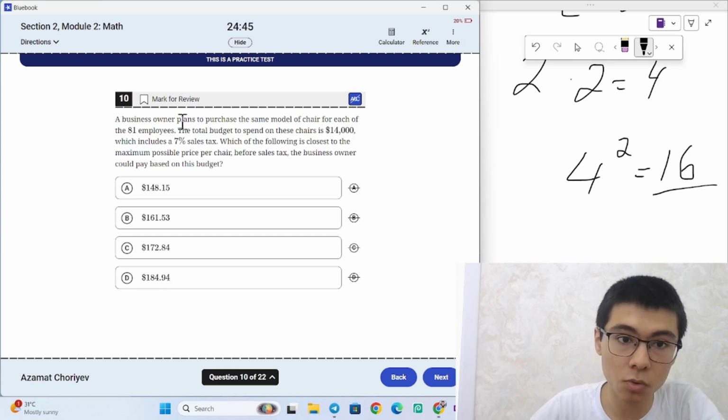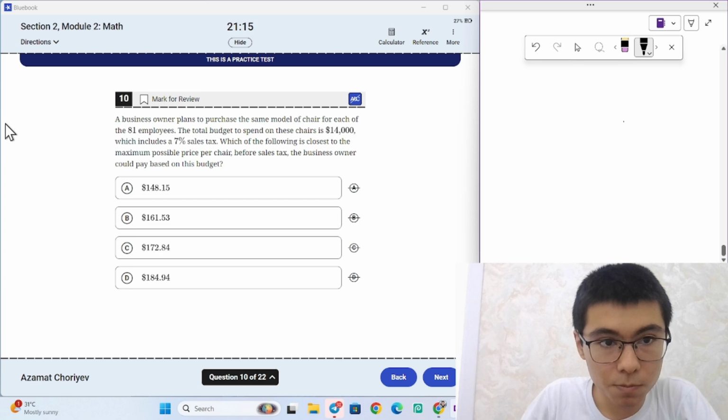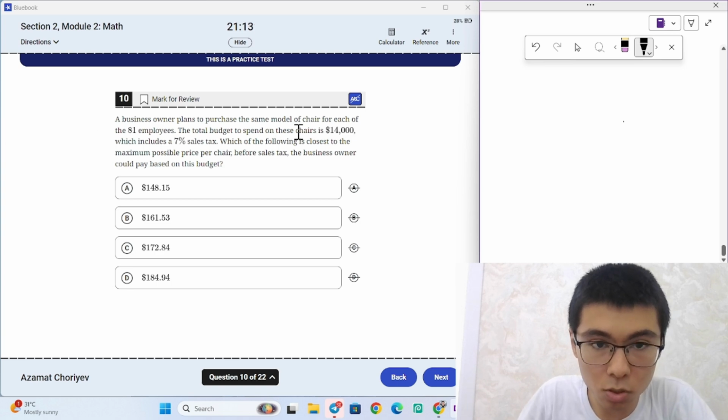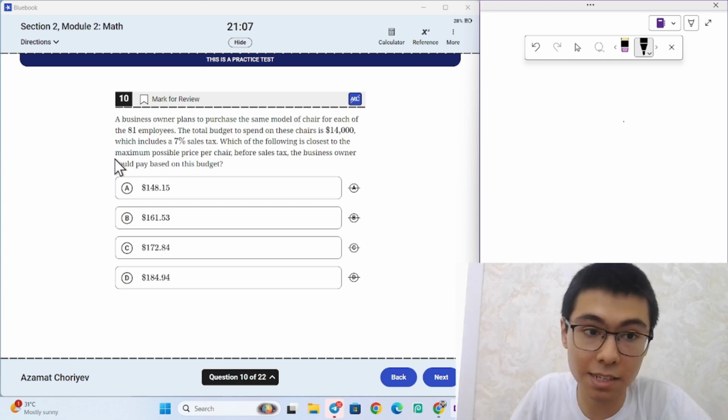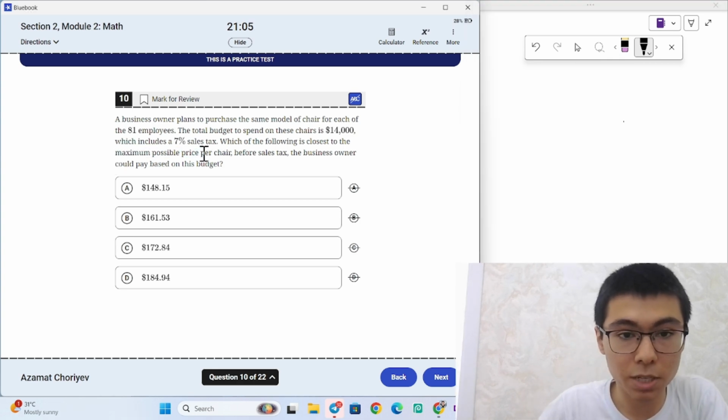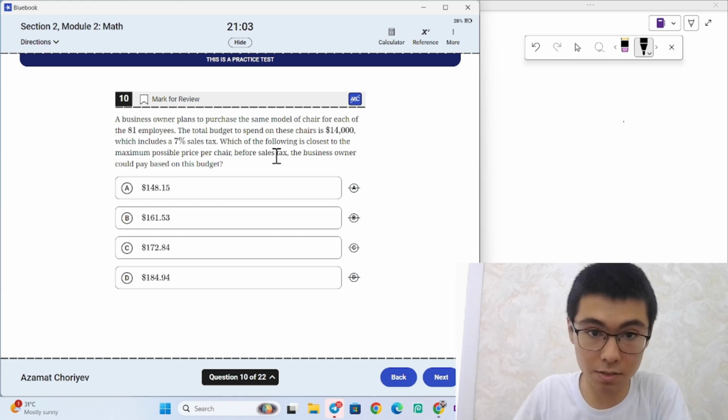Next one. A business owner plans to purchase the same model of chairs. So there are 81 employees. The total budget to spend on these includes sales taxes, and they're asking us for the maximum possible price per chair before sales taxes, right?